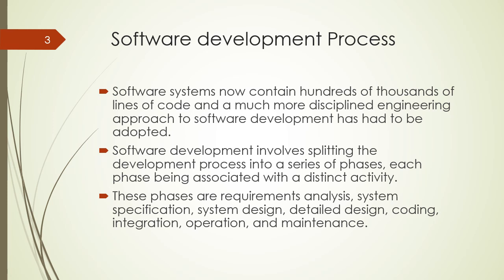Therefore, for software development, we need to split the software development process into different phases, and these phases are requirement analysis, system specification, system design, then detailed design, then we have a phase of coding and integration, and operation, which include testing and then maintenance.